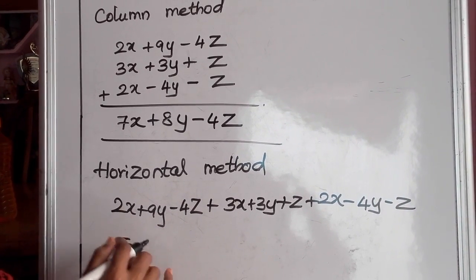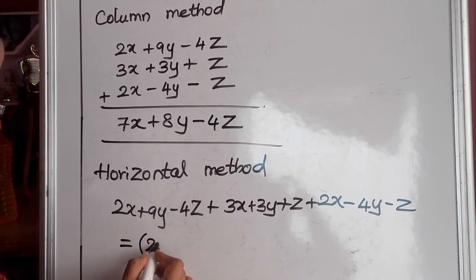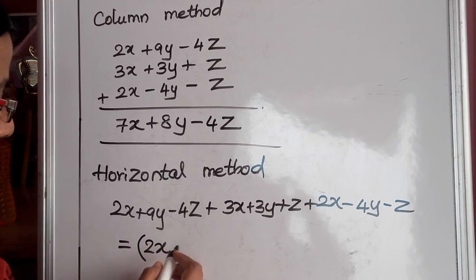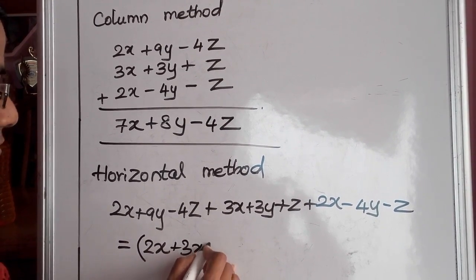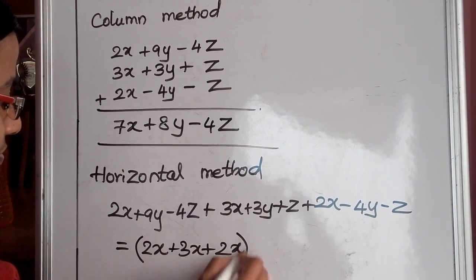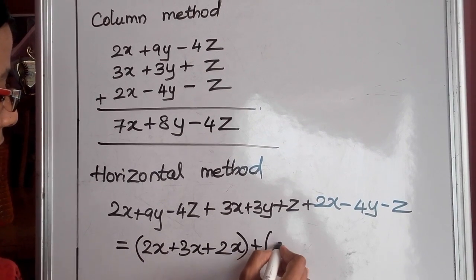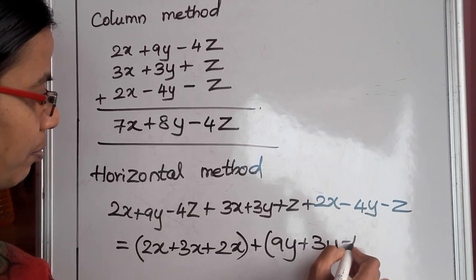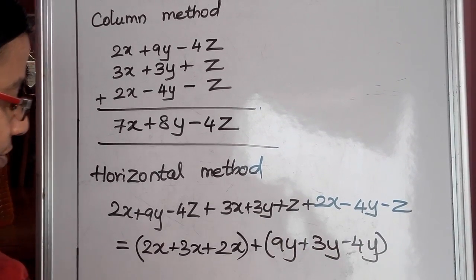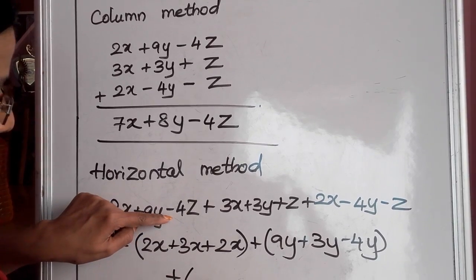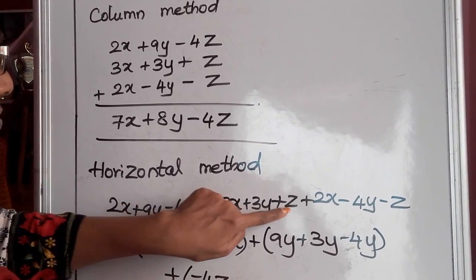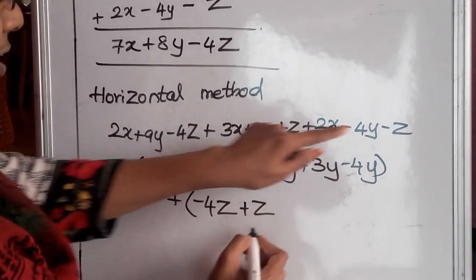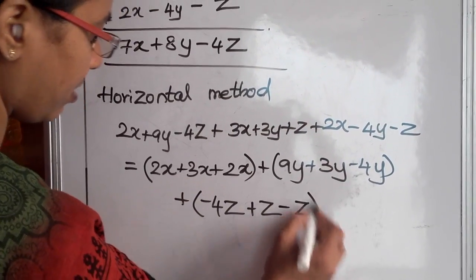So now next step, write all the like terms together. 2x, 3x, 2x. Next 9y, 3y, minus 4y, plus minus 4z plus z minus z.